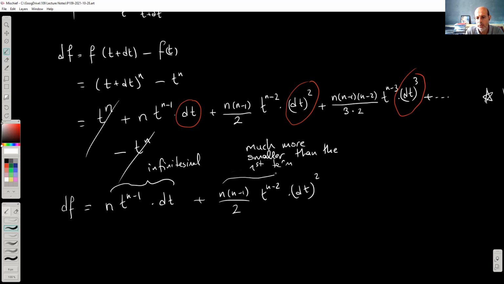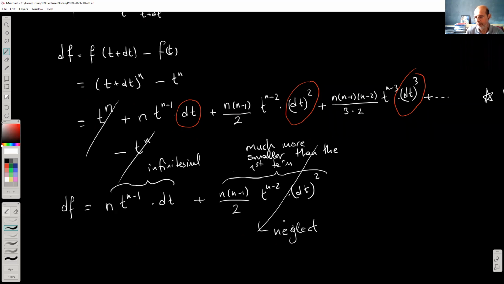Okay. The reason is that the first term contains dt. This contains dt multiplied with dt. So if dt is small, dt multiplied with dt is even smaller, right? So as a result, next to that first term, I can easily neglect this, right? Neglect.